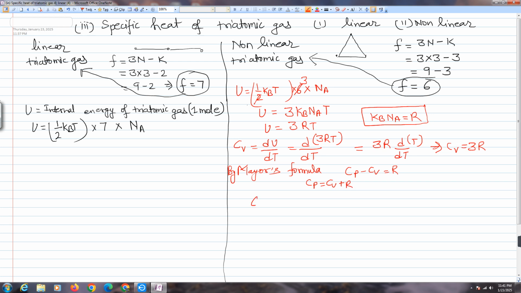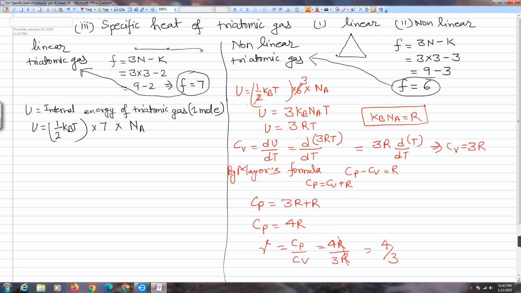So we can write Cp is equal to 3R plus R. So the value comes out 4R, and specific heat ratio gamma, which can be written as Cp upon Cv, can be written as 4R upon 3R, and R will get cancelled, 4 by 3.